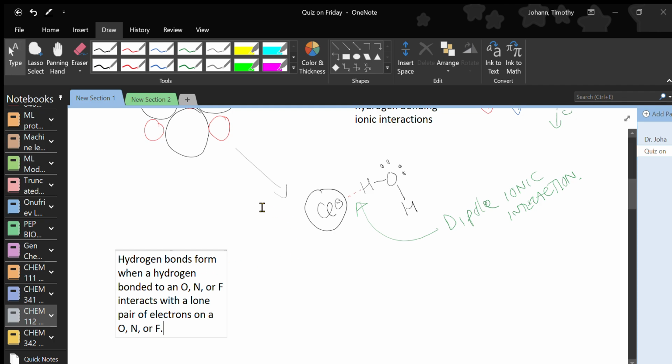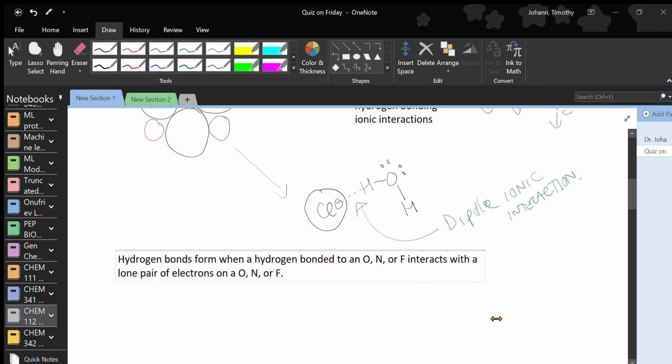Okay? And just assume it's interacting with the lone pair of electrons if it's interacting with one of those, regardless of angle or anything, based on how your book's treating it.